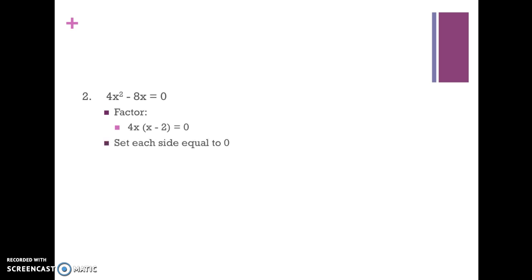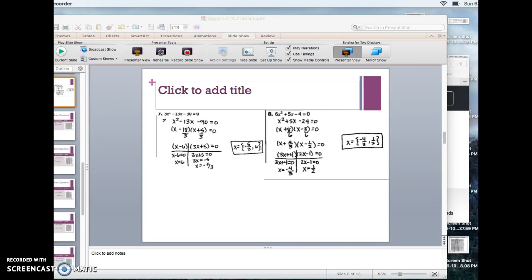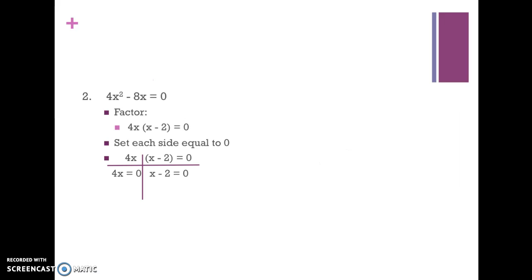So now I want to set each factor equal to 0 again, like we did in our last example, with that kind of T-chart looking thing. So I have 4x equals 0, and then I have x minus 2 equals 0.